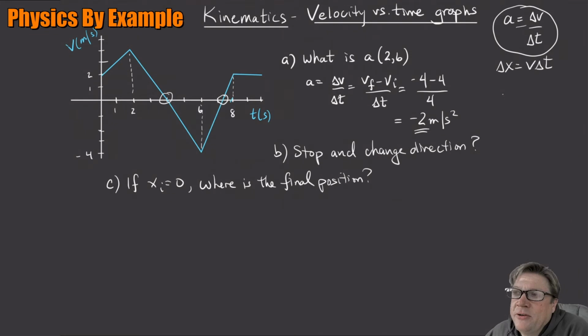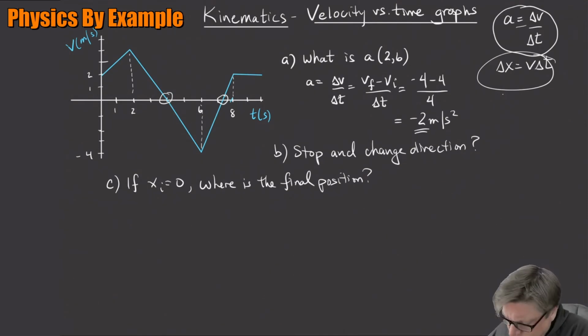One way is this: we know that the change in position is the velocity times the time. The velocity is the y, and the time is the x. So look over here.